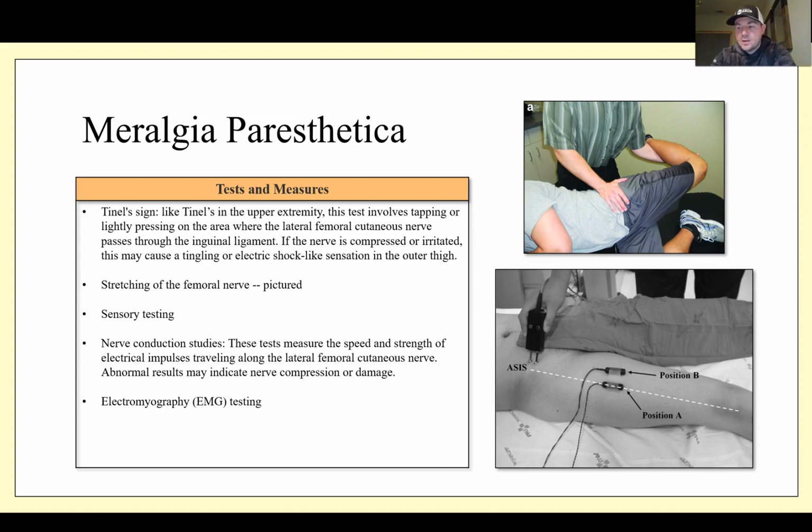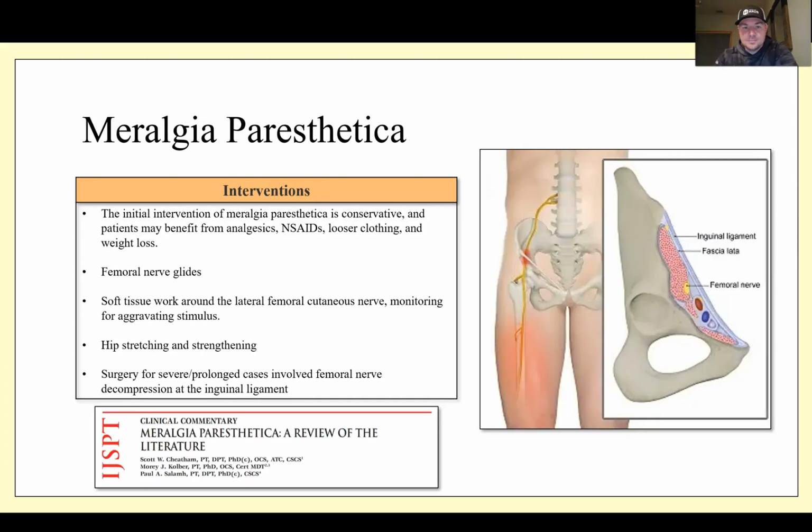They're looking at the velocity of how fast the nerve conducts, how fast the electrical signal travels down the nerve. If you're below that normative value, then they're going to diagnose you with something like this if your symptoms also dictate it.